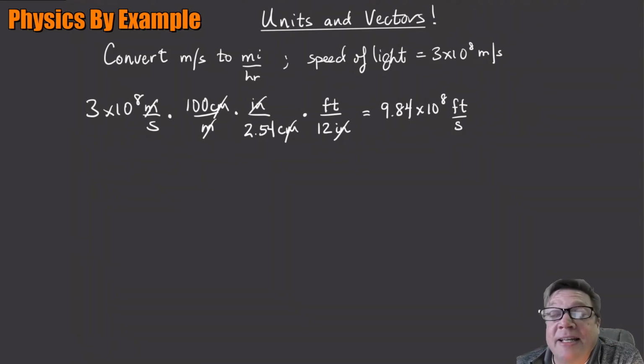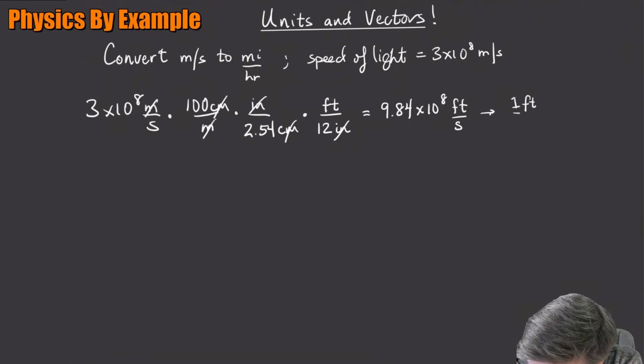What's actually kind of cool about that is that that's almost a billion. If you round up a little bit, that'll be a billion. So light goes about 1 billion feet per second. If we change that just a little bit, divide by 1 billion, you get this kind of neat thing, something to keep in the back of your head, which is that light goes 1 foot per nanosecond, right?